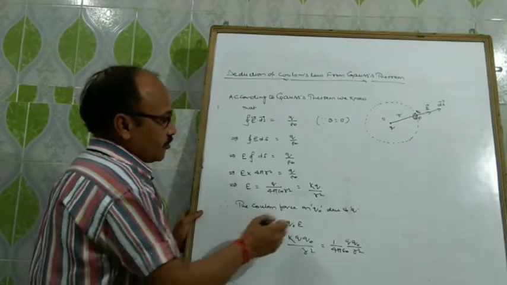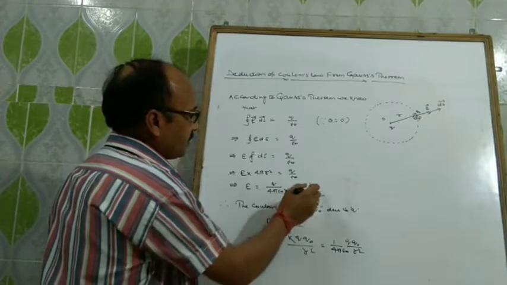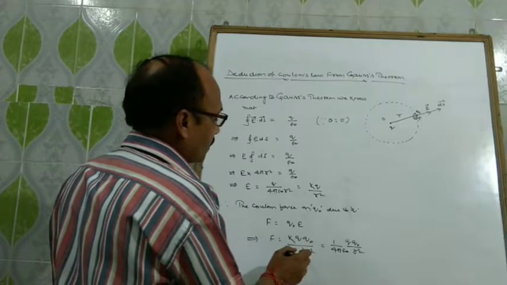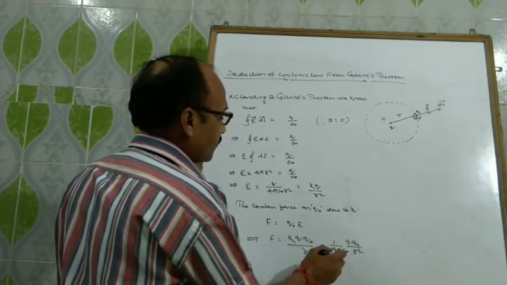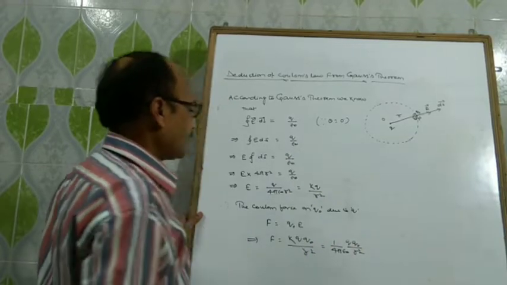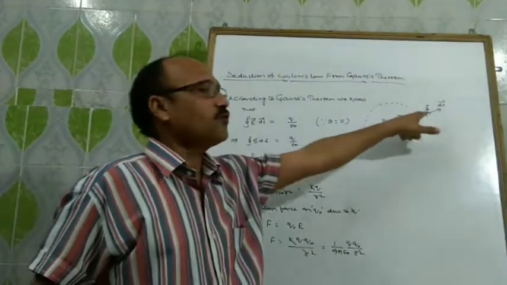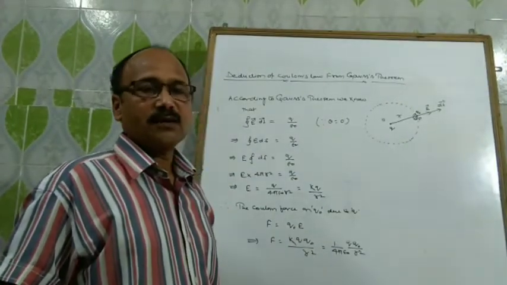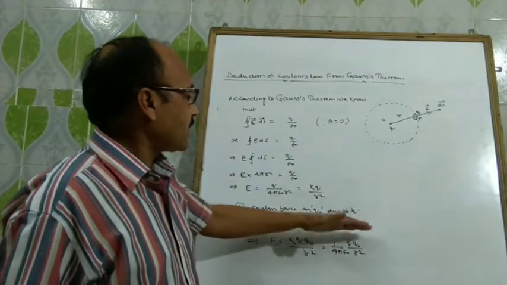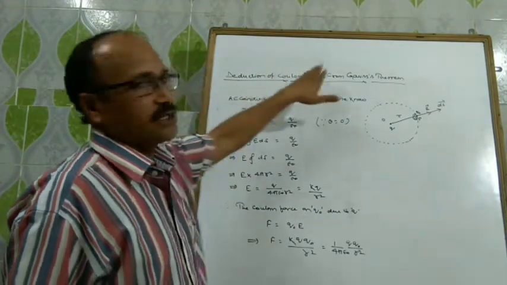Put the value of E from this equation. F equals kq into q naught upon r square, which equals 1 upon 4 pi epsilon naught q into q naught upon r square. It means this equals the Coulomb force between q and q naught, the same as Coulomb's law. It means this is the deduction of Coulomb force from Gauss's theorem.